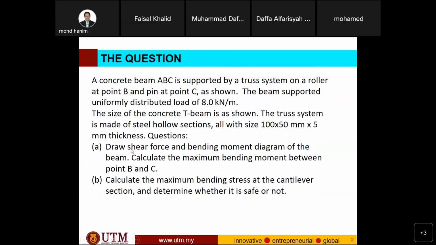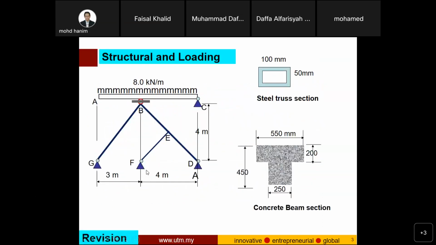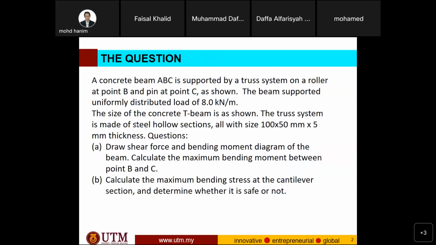Question: draw the shear force and bending moment diagram of the beam. Calculate the maximum bending moment between point B and C. Calculate the maximum bending stress at the cantilever section, and determine whether it is safe or not.